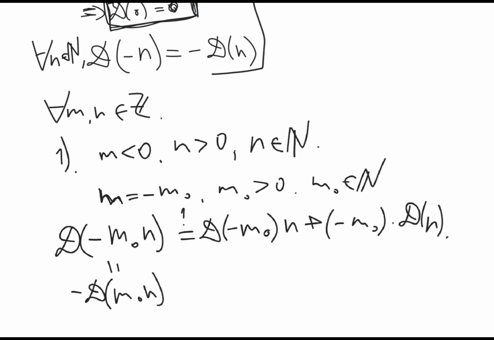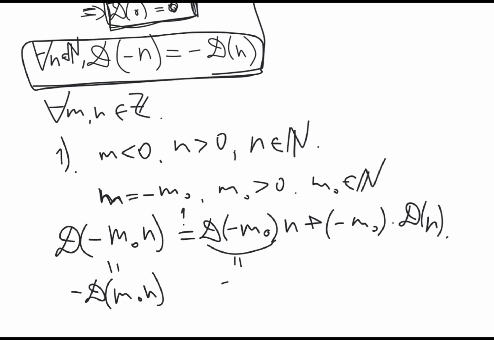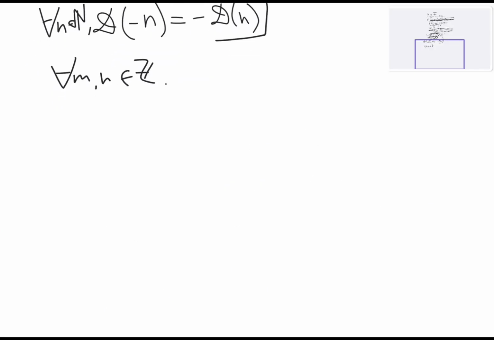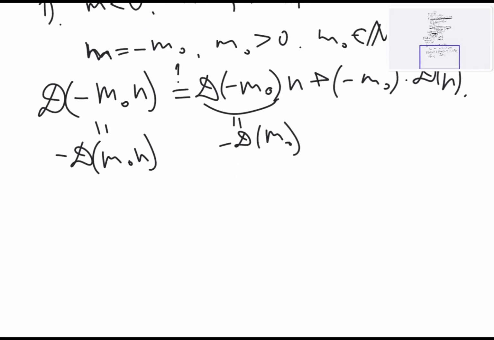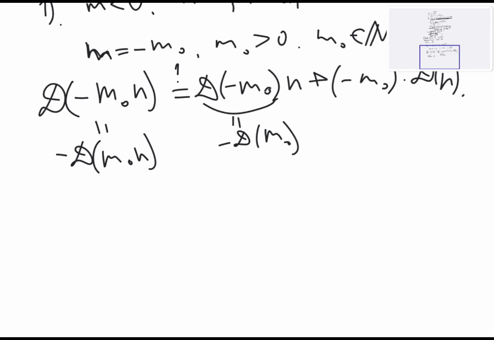By definition, this is basically the definition for negative numbers. This is equal to minus d of m0, and that's it. So now on both sides we have positive numbers in the argument of d, so we should be able to verify this.